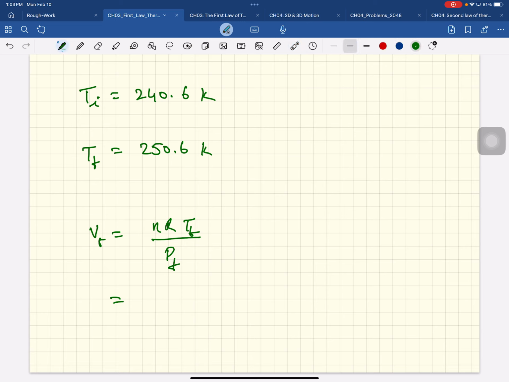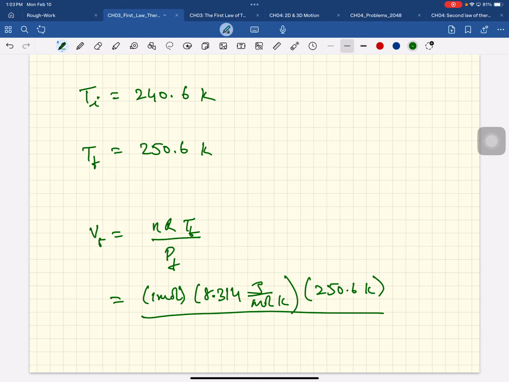So 1 mole, 8.314. What should be the final volume? Is there anything you can say about it? It should be greater than 10 liters.